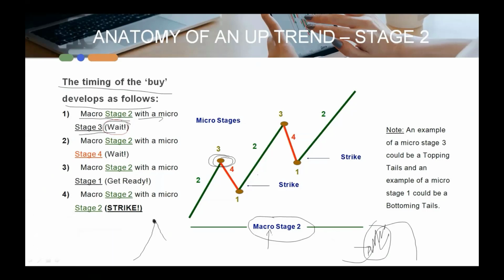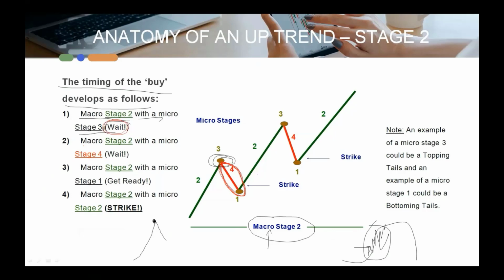We're waiting. Macro stage 2 with a micro stage 4. Well, this is good. This is not bad. The prices are coming down. Well, Eric, I want to buy. Why are you saying it's good that it's coming down? Well, think about it. If you want to buy something, don't you want the price to come down to get it cheaper? Of course. You do that at the grocery store. So why don't you do that with your trading?